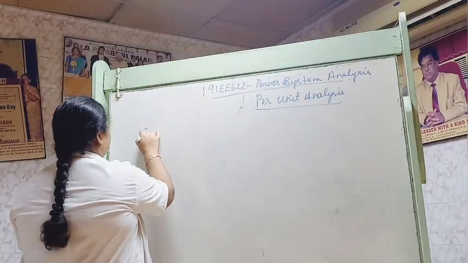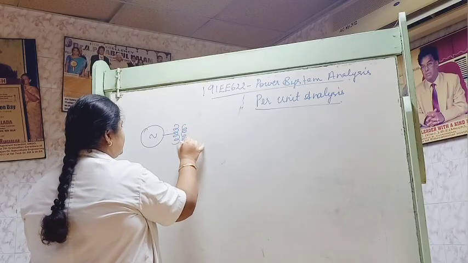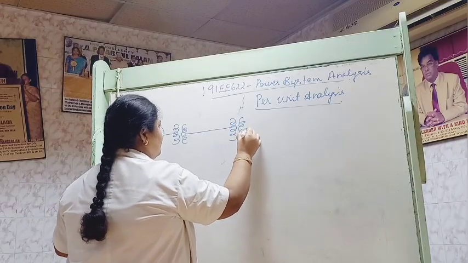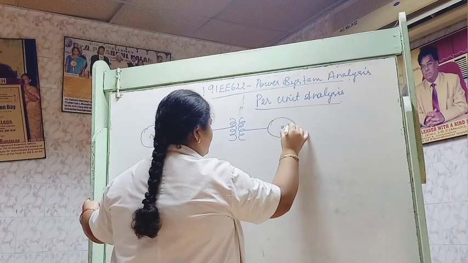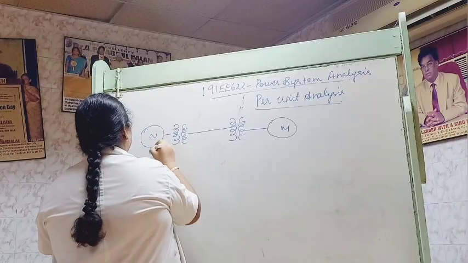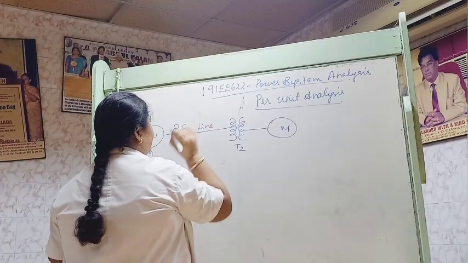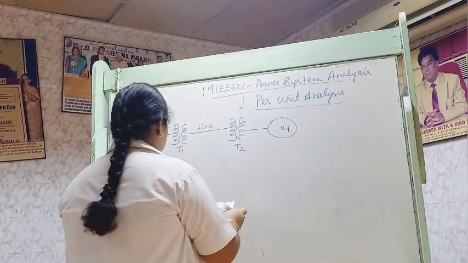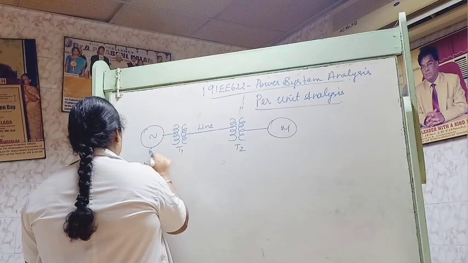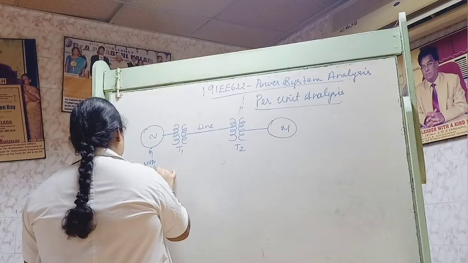It starts from the generator, then the transformer, then the transmission line, another transformer, and then the motor. For the specifications, the generator has 60 MVA, 20 kV, and X as 9%.